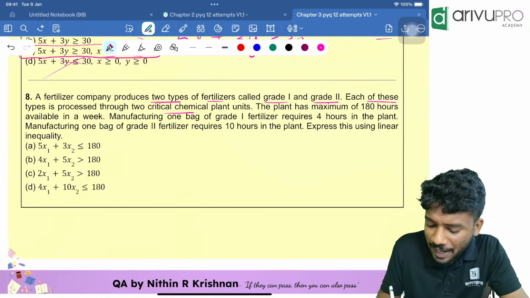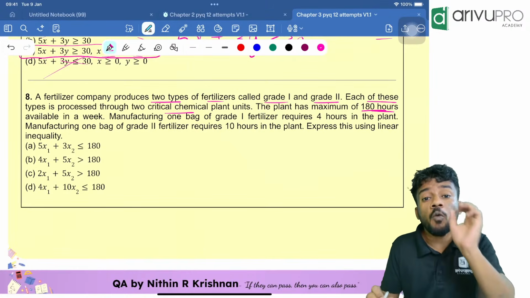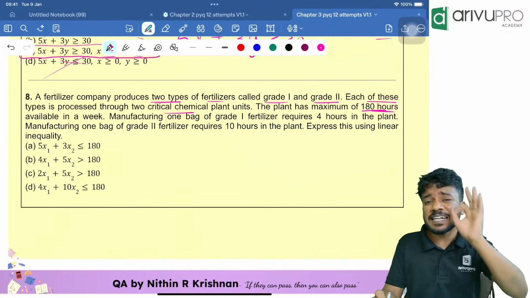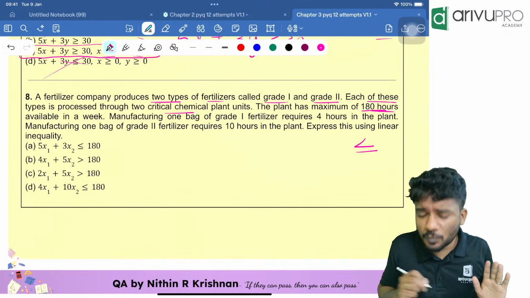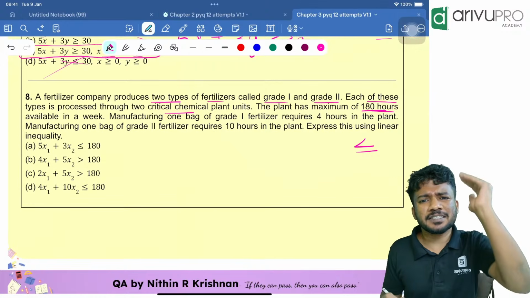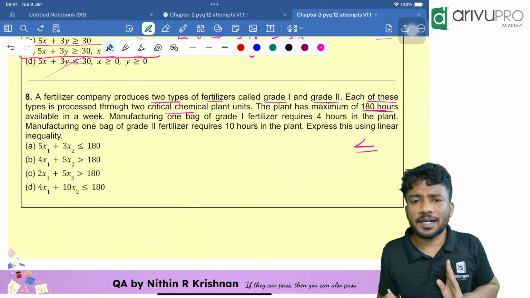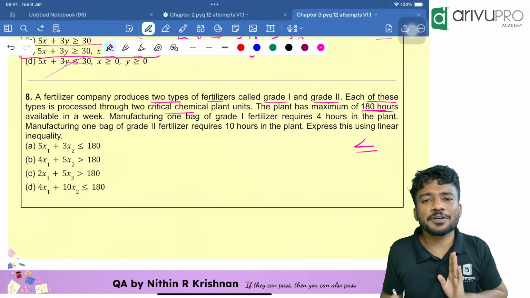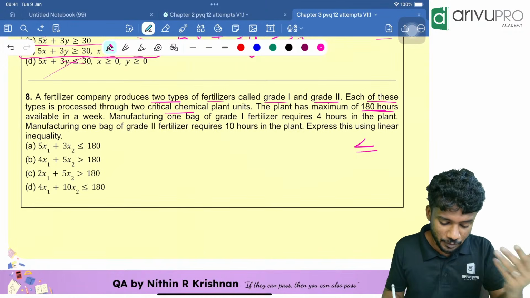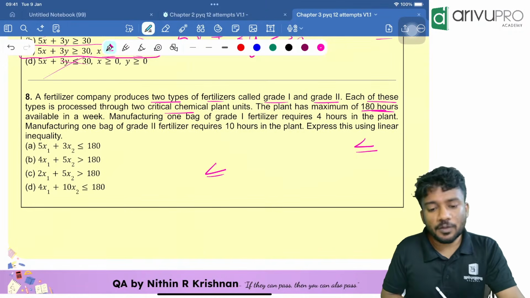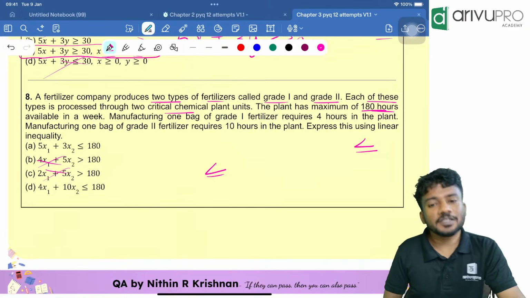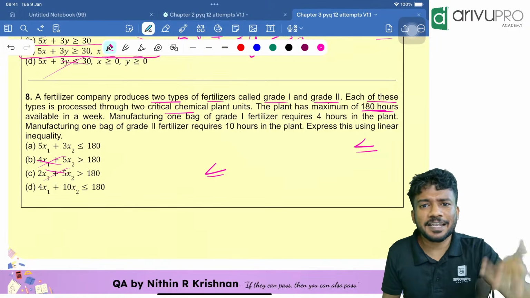People, the plant has a maximum of 180 hours. When time is involved, we will use the less than or equal to, because there is a maximum time. How much is it? 180 hours. So less than or equal to should be the symbol which we should be using. That means option B and option C is anyway wrong. Correct? That is greater than sign.